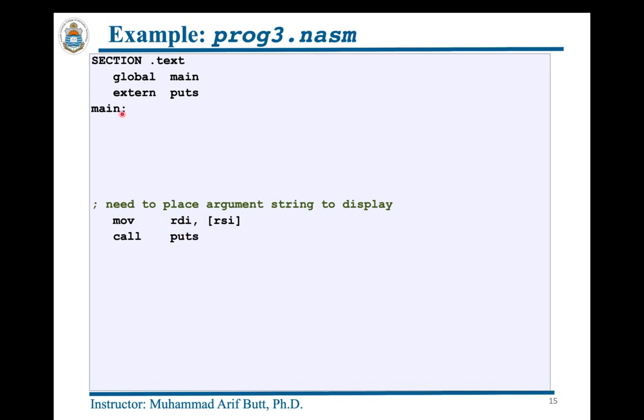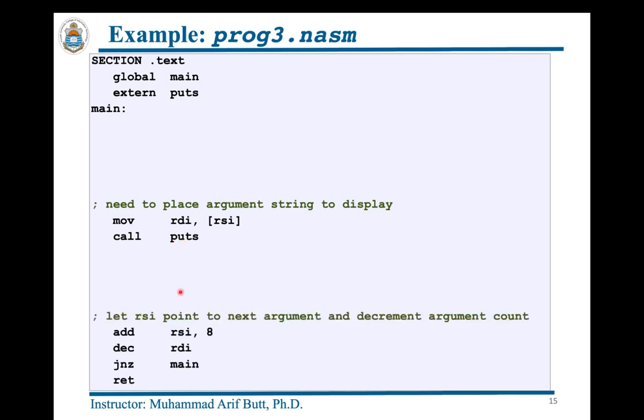And inside main, we have received the count of the command line arguments inside the RDI register and the address of the first string inside the RSI register. So we are placing the address of the first string, that is argv sub 0, inside RDI before we call PUTS. Once we call PUTS, the name of the program will be printed on screen.